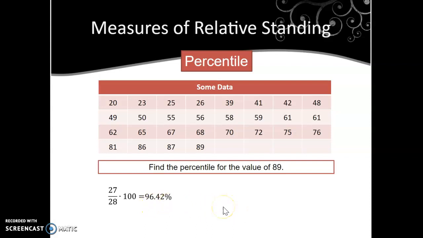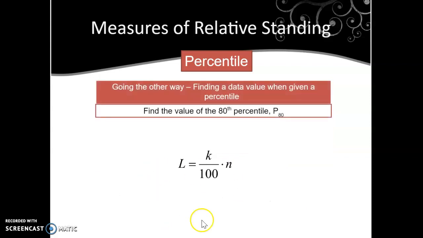But we always in this case round up, so we would say this is the 97th percentile for 89. No matter what decimal you get, you always take the whole number percentile that is rounded up above 96.42.